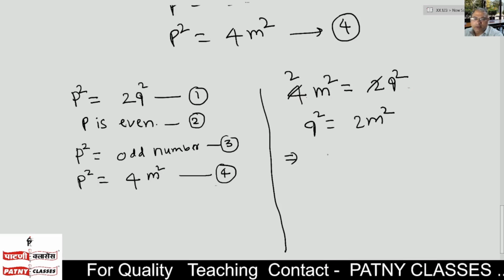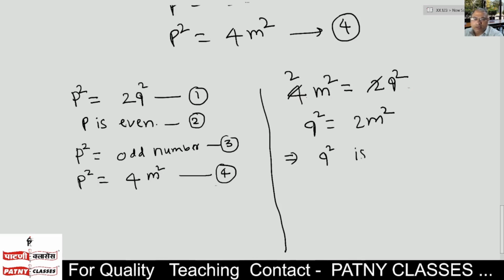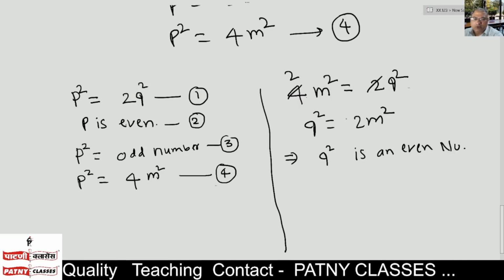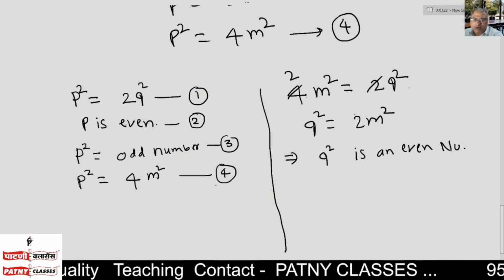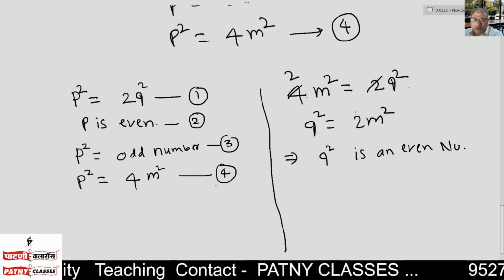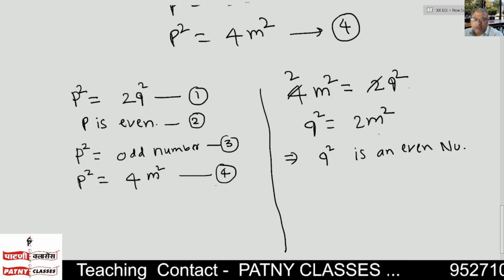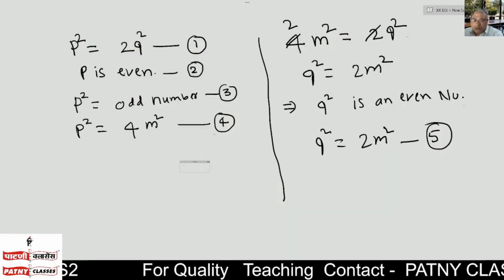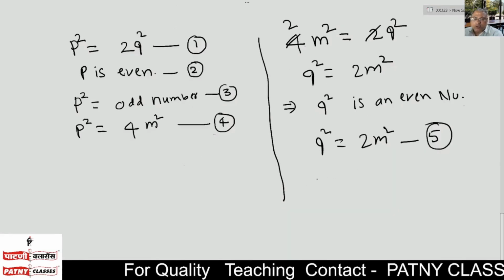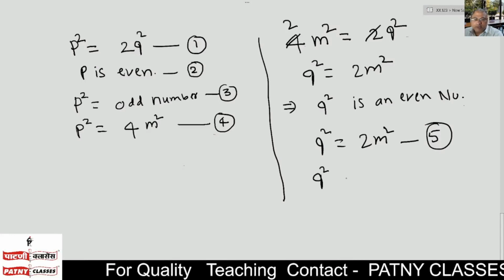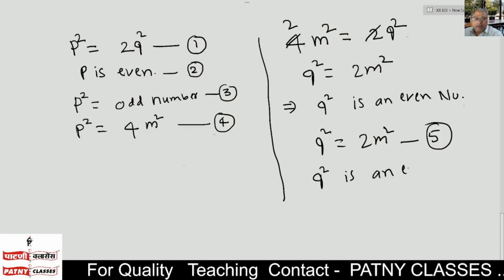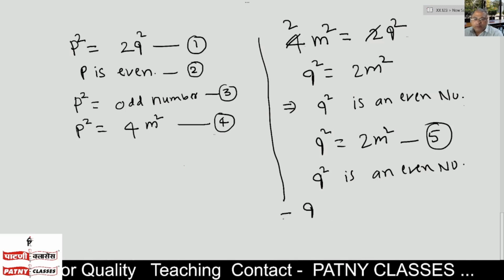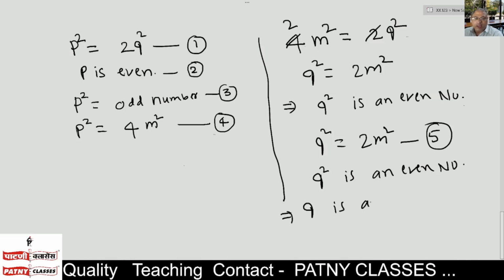This implies q square is an even number, because q square is 2m square, where 2 is an even number, and anything multiplied by an even number is an even number. Therefore q is an even number.